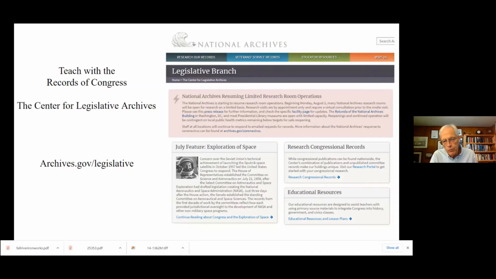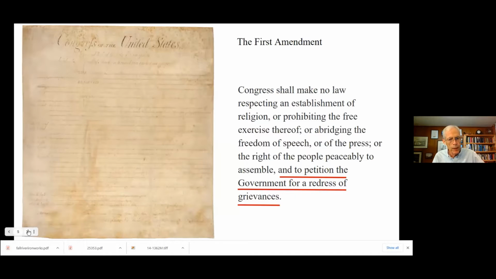And you'll find over 40 lesson plans, 5 ebooks, and a digital app about the Bill of Rights that are based in the records of Congress and give you tools that you can use to teach your students about Congress and representative government.